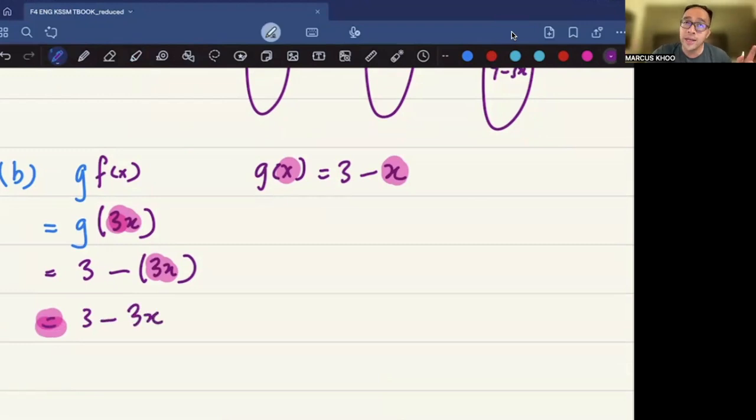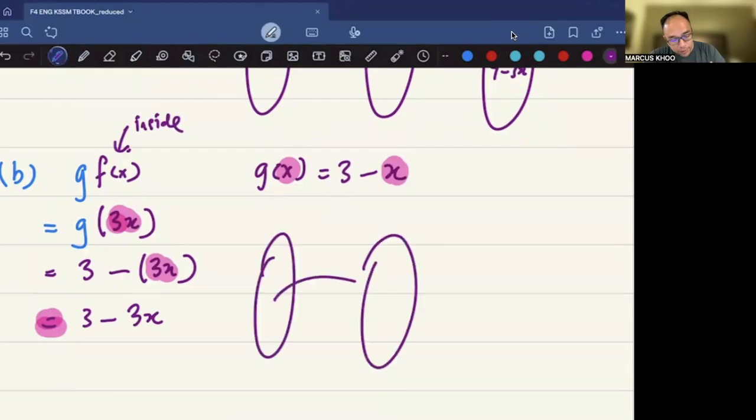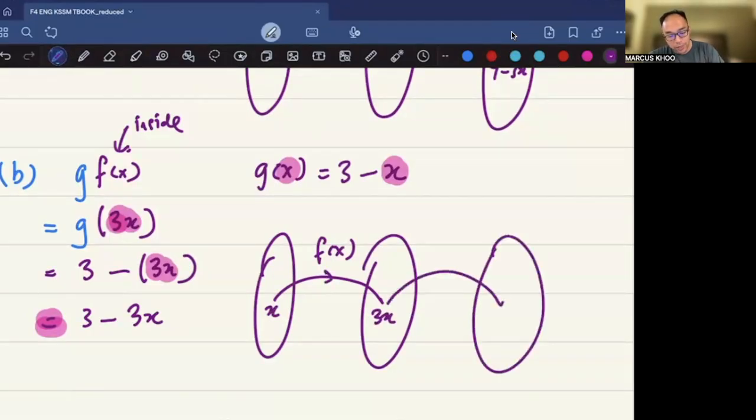I know I said I'm going to do it one time, but let me do it one more time, just in case it helps you. The first function that we map is f, because it's the inside function. From here to here, f(x): our original is x, and then it becomes 3x. The second function we map is from 3x to 3 minus 3x.